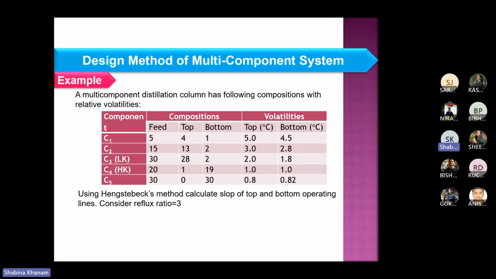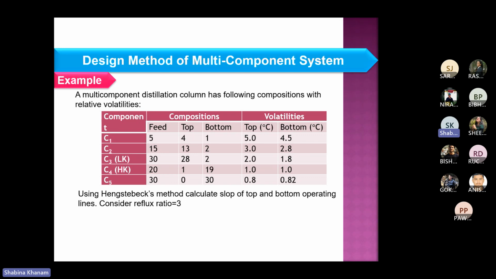To choose the light key and heavy key, either they are known, or we can identify them based on the definition which we discussed in the last class: lightest in bottom and heaviest in top. In this particular table, we have components C1 to C5, and the light key and heavy key are already given here. But it is not always like this.